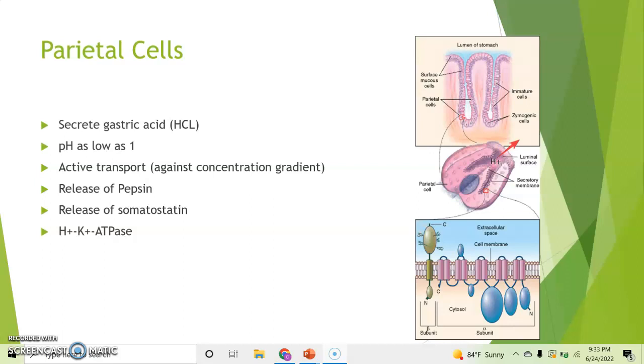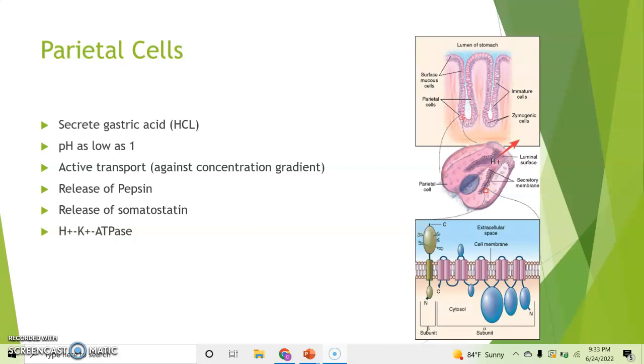But the big thing here is that this is where the hydrochloric acid is pumped into the stomach, and it goes against its concentration gradient, so it needs the use of a pump, and it does that by way of the hydrogen potassium ATPase pump.